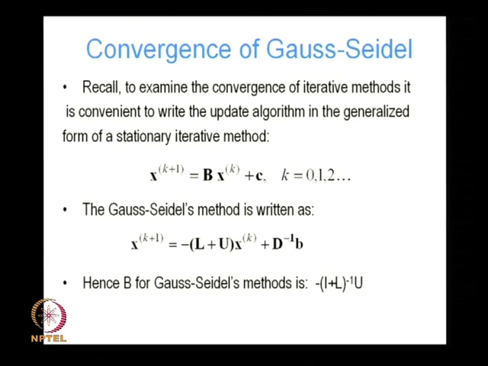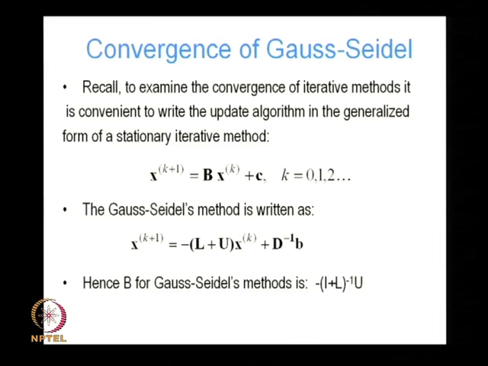Recall, to examine the convergence of iterative methods, it is convenient to write the update algorithm in the generalized form of a stationary iterative method, where x^(k+1), the solution at the (k+1)th iteration, is equal to B, some coefficient matrix which depends on the iteration algorithm, times x^k, the solution from the previous iteration, plus a constant vector c.